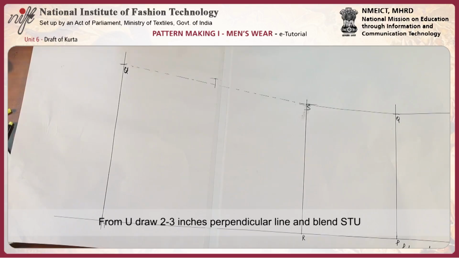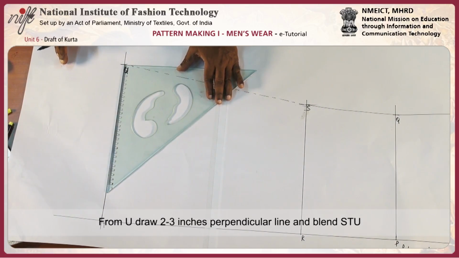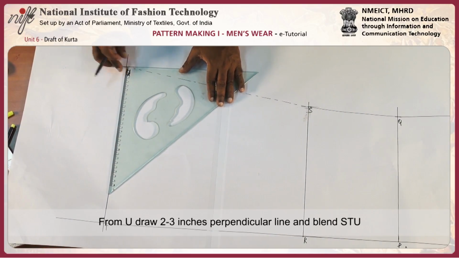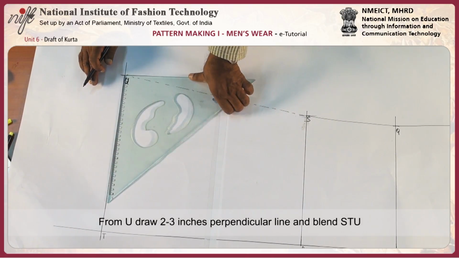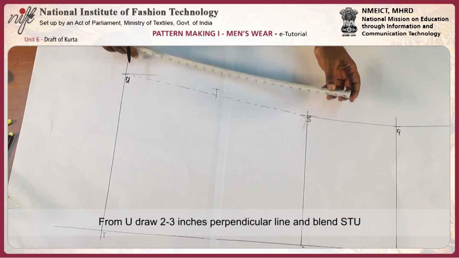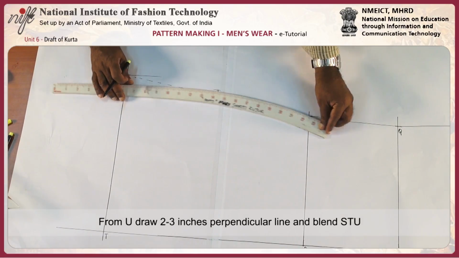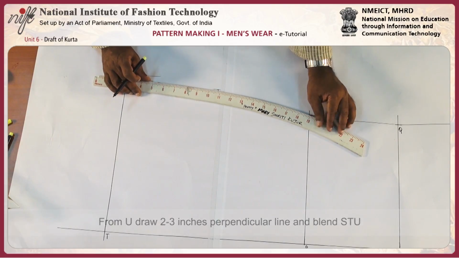Then from point U, draw 2 to 3 inches perpendicular line. Then blend S, T and U with the help of hip curve.